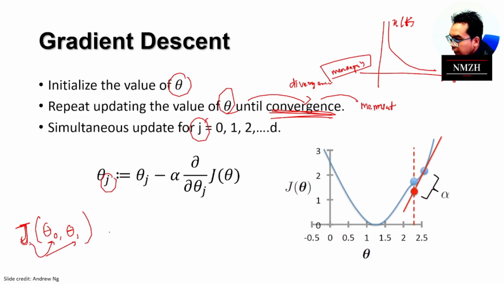This time around, it's not i anymore, because if we change theta again and again, this i becomes 0, 1, 2, 3 until d. So now we change this i to be j. Small j, because it is not the last j, just the j of the cost function, right? So that's what we have right now. We try to manipulate the value of j from starting to the big numbers.